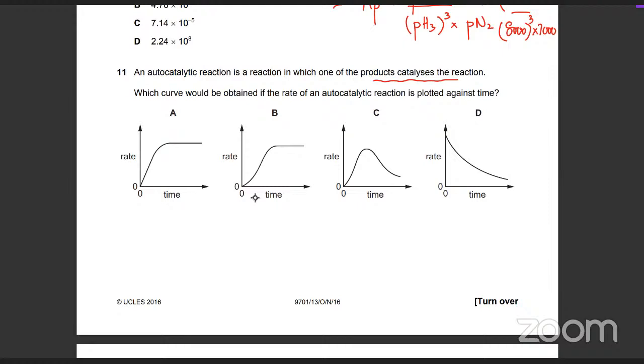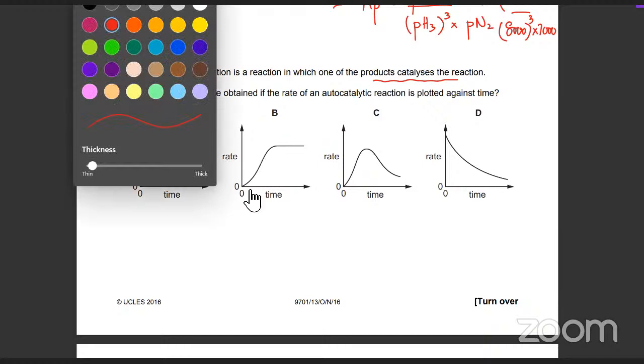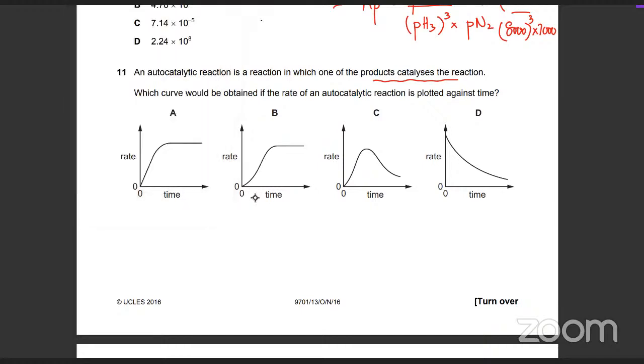Sir, is it B? Now, what is the rate of the reaction at the end of a reaction? It's not B, B is not right. As a reaction initially, will it be slow or fast? Slow. Product is the catalyst, so that means initially you don't have a product, right?